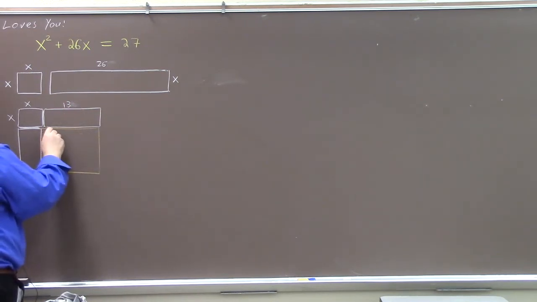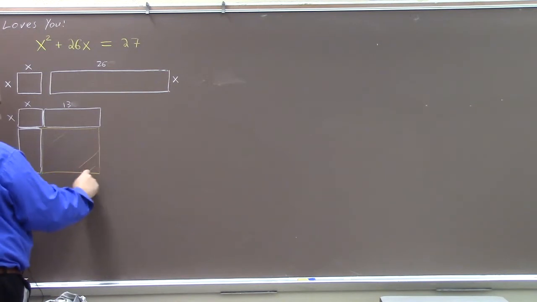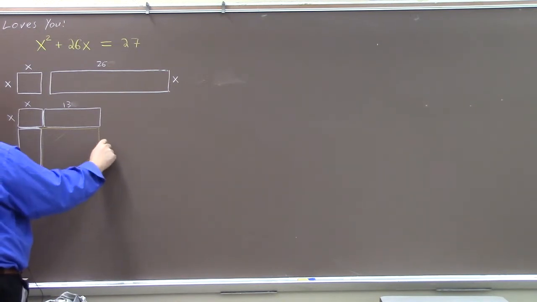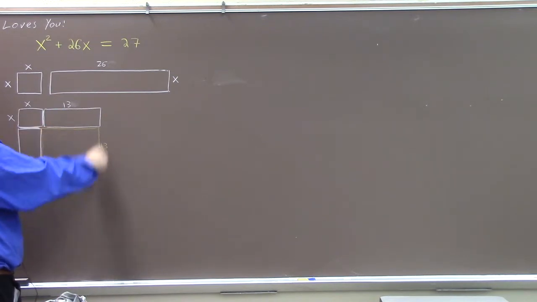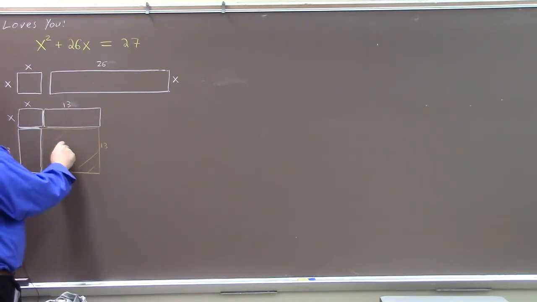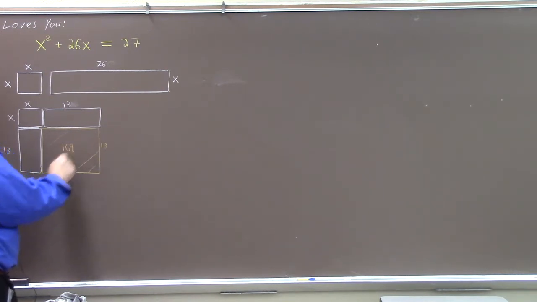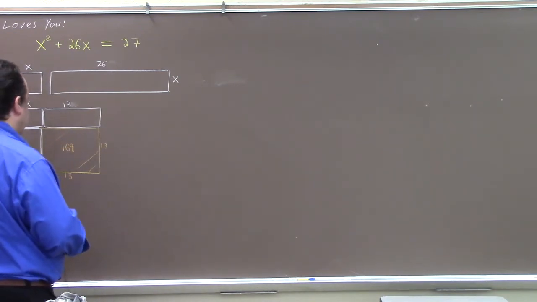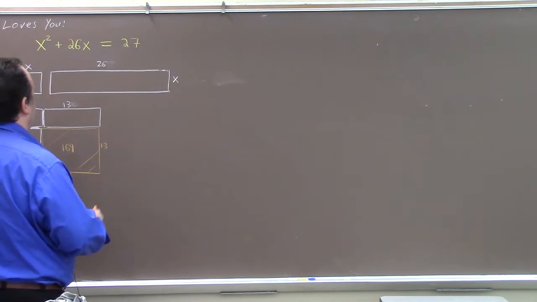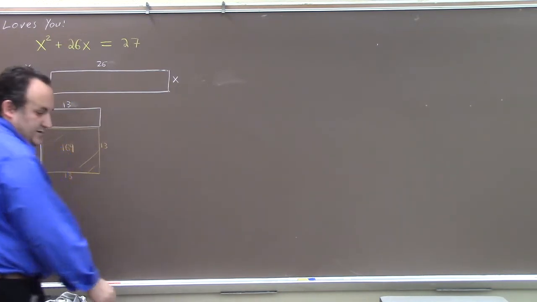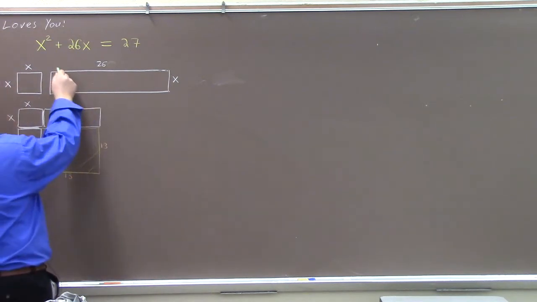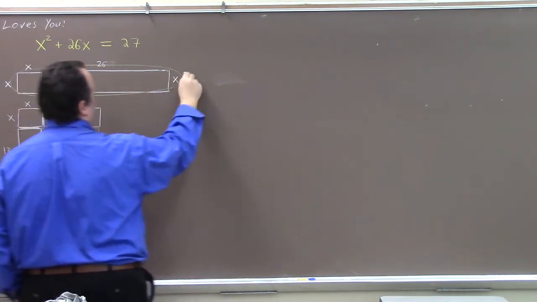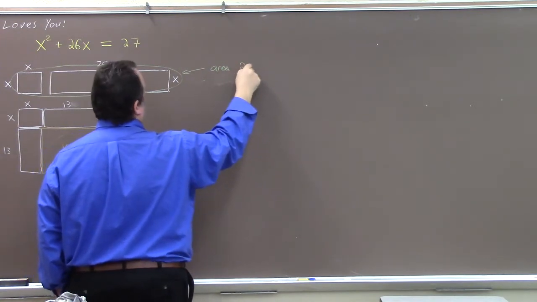So what's the area of the square that I've added? It's 13 by 13, right? So making this square, the area of the orange square would be 13 squared, which is 169. So you knew that altogether, let me draw some circle-y pictures here, this guy had area 27.